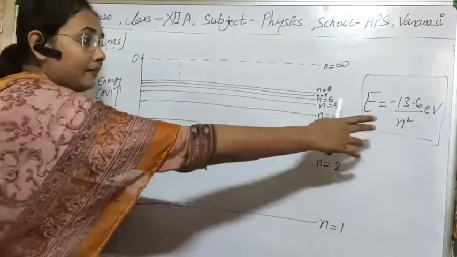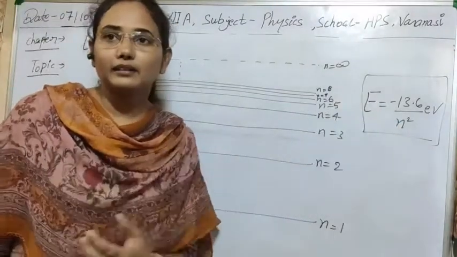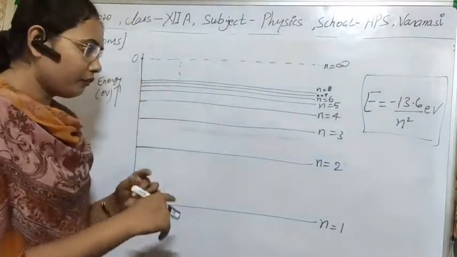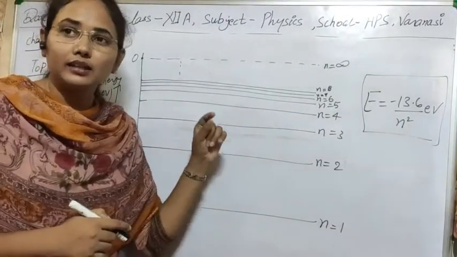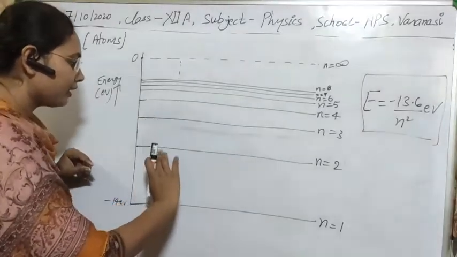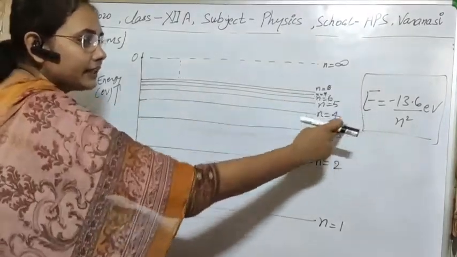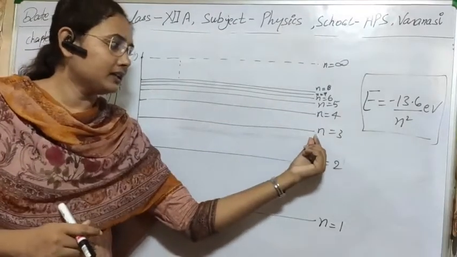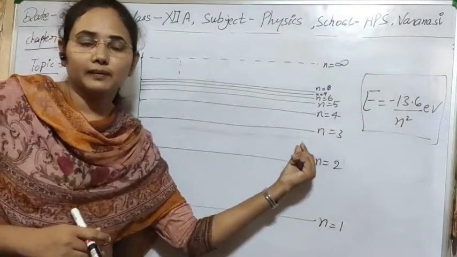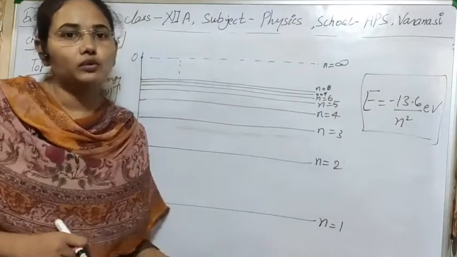Also, after putting in these values for n, we see that with increasing n there is a decrease in the energy gap. This gap is known as the energy gap, and we can easily calculate it by taking the simple difference between the energies of any two orbits.